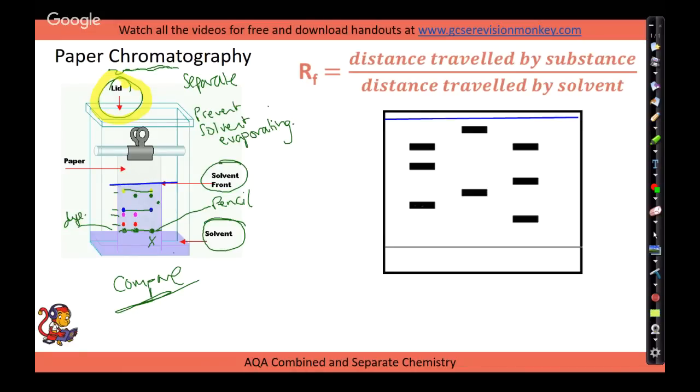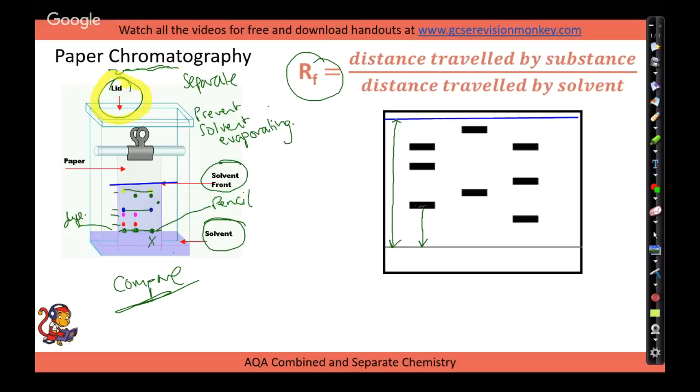Then to measure the RF value, we would measure the distance travelled by the substance, so from the middle of the dot downwards, measure that with your ruler. And then you need to measure the distance travelled by the solvent, which is from the solvent front down to the line. And then you simply do distance travelled by the substance divided by distance travelled by solvent.